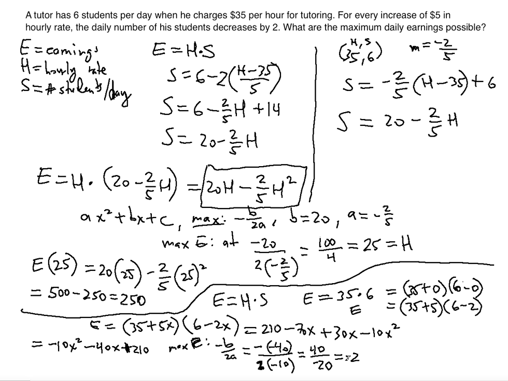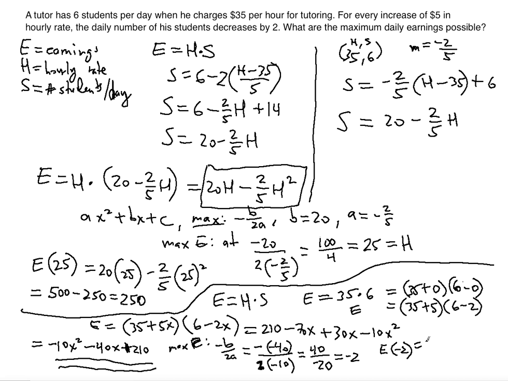So you plug this x value of negative 2 into the earnings formula, and then you'll find the maximum earnings amount. So E is a function of x here, right? So now E as a function of negative 2 will be negative 10. We're going to use this equation. What's negative 2 squared? That's 4, right?